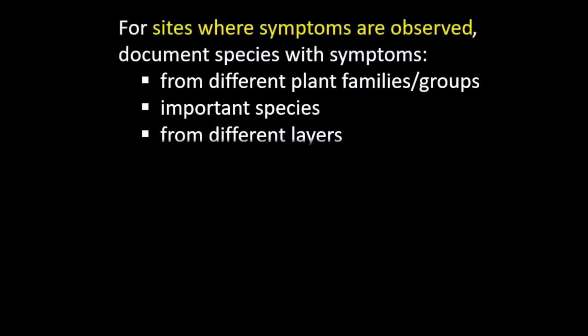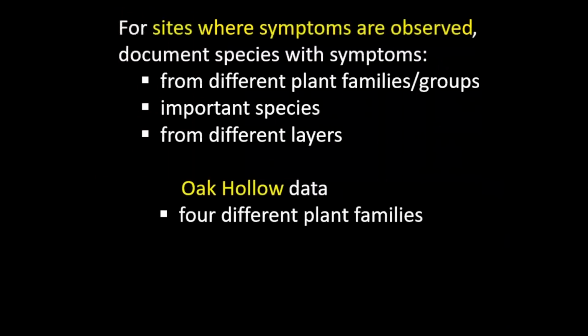Okay, so thinking back about our guidance for a site in terms of what's a good species to focus on in a community that is showing symptoms, if we think about plants from different plant families or groups, important species, and from different layers, what has our data from Oak Hollow shown us and given us, basically? Well, for the Oak Hollow data, we have data from 4 different plant families.